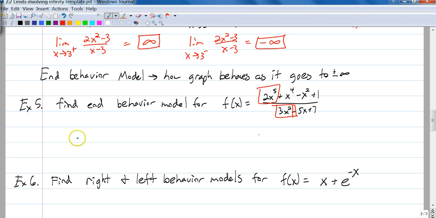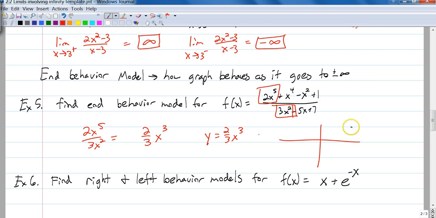So if you look at this, you just get 2x to the 5th over 3x squared. If you simplify this, you get 2/3 x to the 3rd. This is your end behavior model. So we'd say y is equal to 2/3 x cubed, which means that as the graph gets really, really big in both the left and the right directions for this one, it will follow this function. It can do a lot of weird things in the middle.